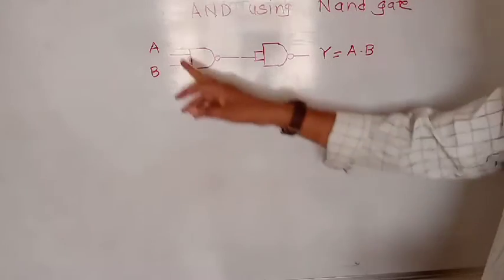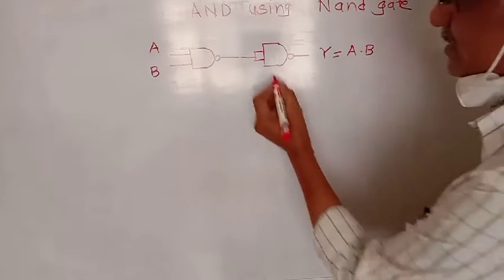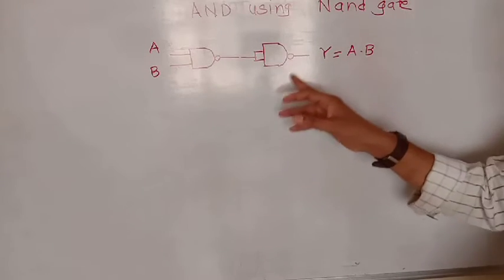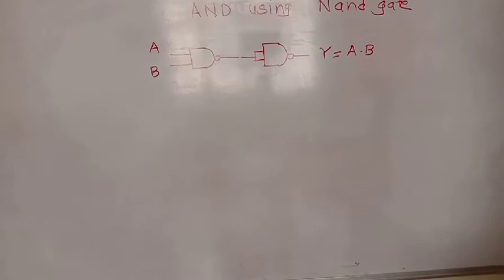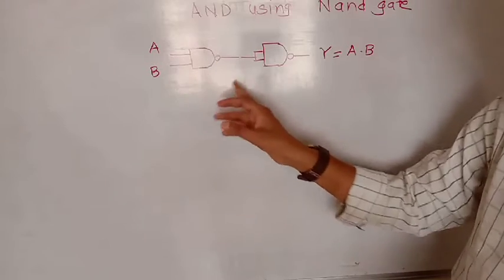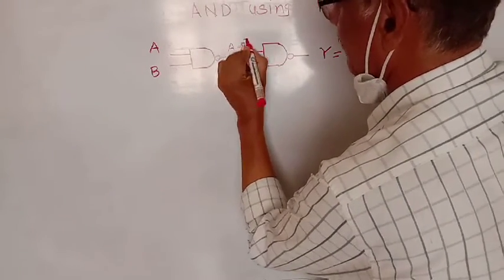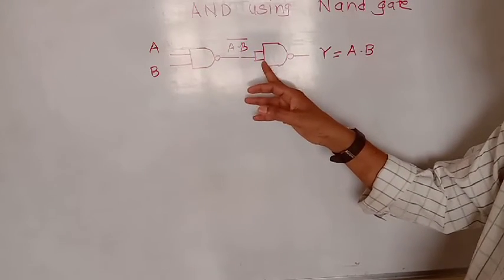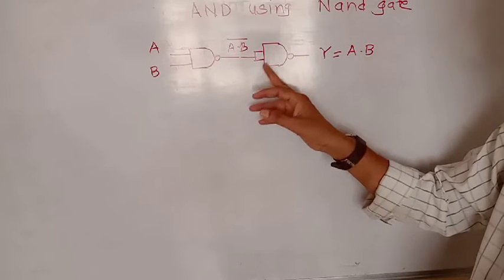Now see here, this is a NAND gate, and the second NAND gate is used as a NOT gate. It acts as an inverter. Now we know that the equation of NAND gate is Y is equal to AB bar. So here the output will be AB bar, and this is the input of the second NAND gate, which is used here as a NOT gate.